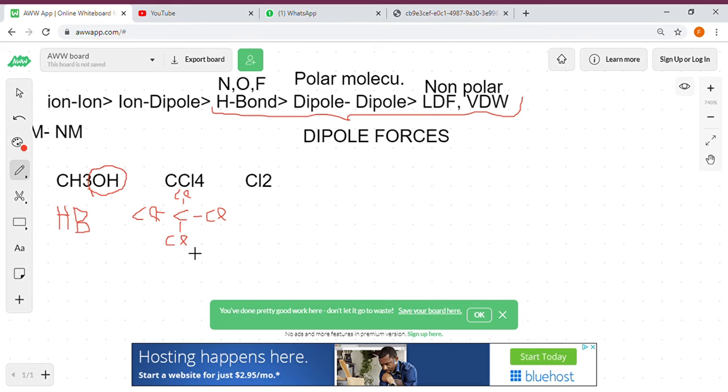I'm not gonna put all the electrons because you know there are 7 around the chlorine, but you can look into the chart of the electronegativity. I think this one is gonna go like this, and like this, something like this.